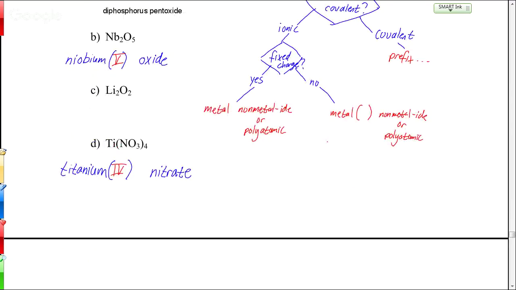So that makes sense. We've got lithium plus, and there's 2 of them, and then we've got O2 2 minus, which is peroxide. So the name of this one, it's still that first type. The name will be lithium peroxide.